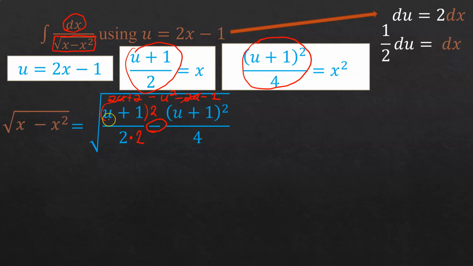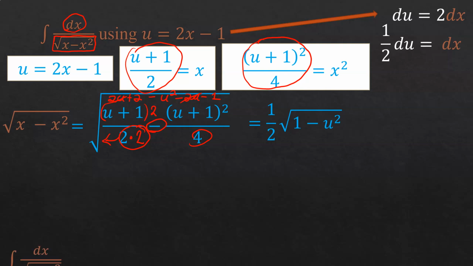And this is going to be plus 2 minus 1, which is plus 1. So that denominator that we see in our original problem is 1/2, and it's 1/2 because the denominator of 4 gets square rooted out, and that would be 1/2. And then the square root of 1 minus u squared.